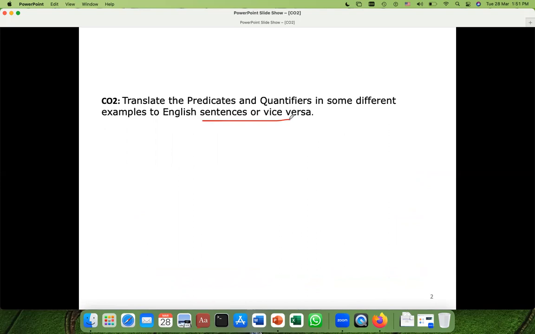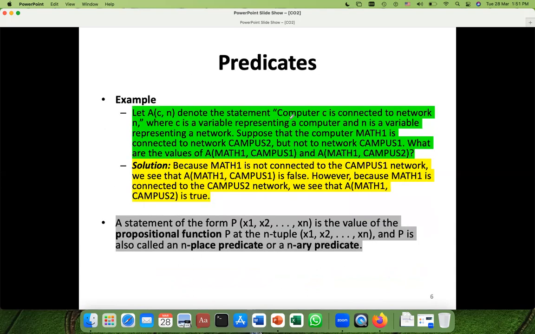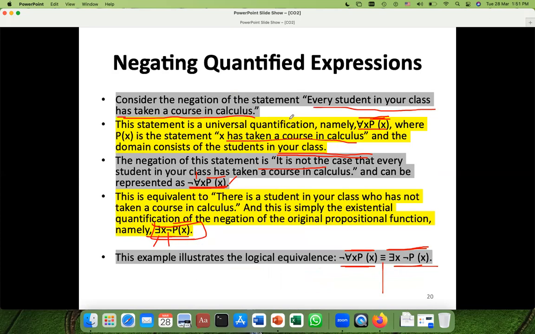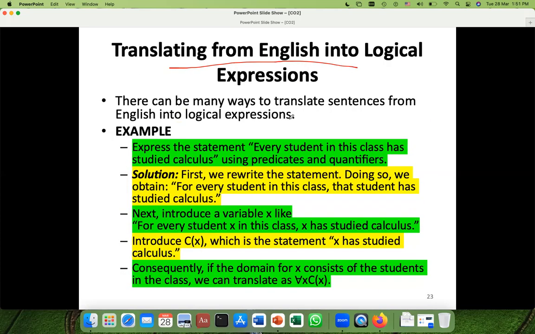So you have to go at least through these types of topics. Translating from English into a logical expression means you have English sentences and you have to convert them into some mathematical form. For example, you have to express the statement, the sentence, using predicates and quantifiers.